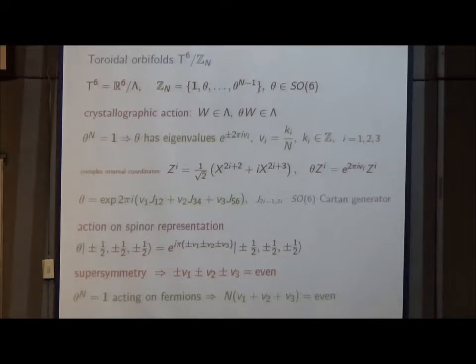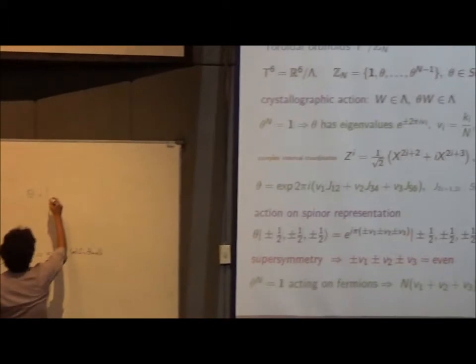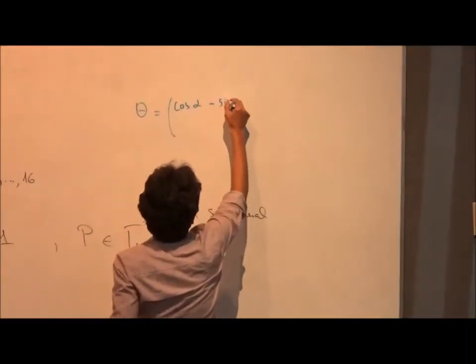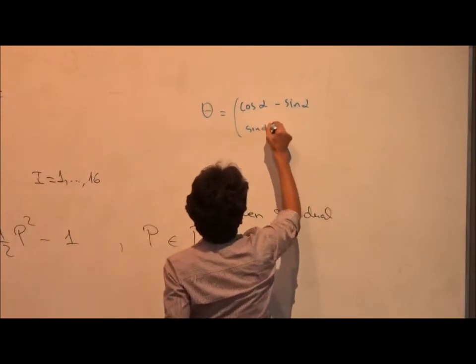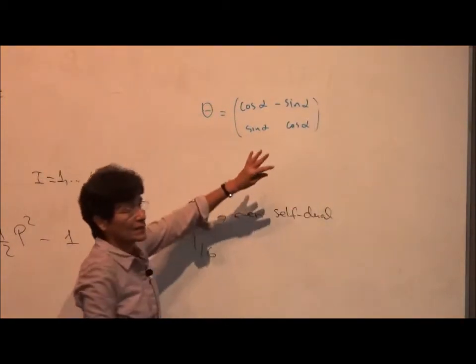In 2 dimensions, for instance, if you have something like this, this is a rotation by alpha.